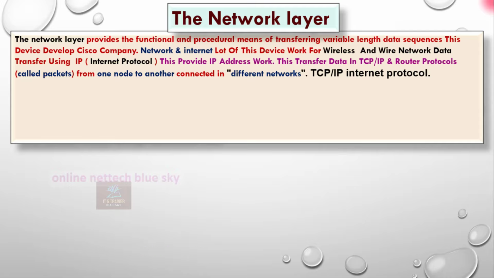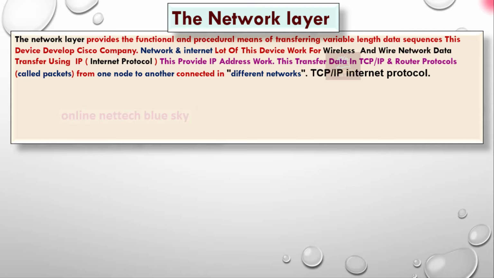So how is this possible? Because data is transferred using IP, the internet protocol. The internet protocol provides IP address functionality. Without IP addressing, you cannot start internet protocol. So this transfers data in TCP/IP router protocols.